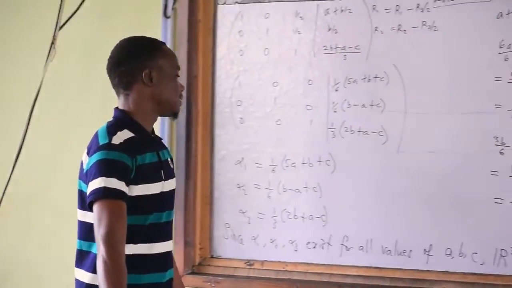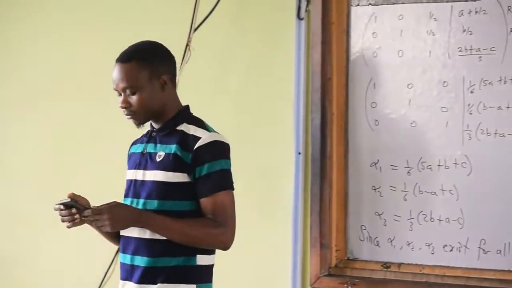The span of S is all of R3. I mean, every element in R3 can be written as a linear combination of the elements in S. So that is that.